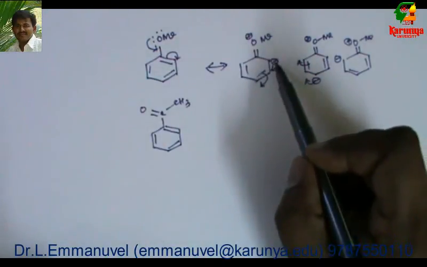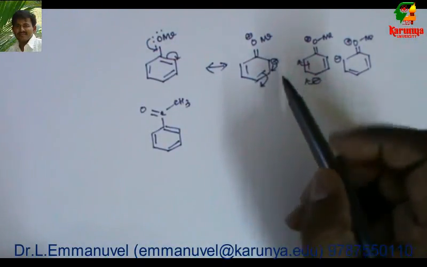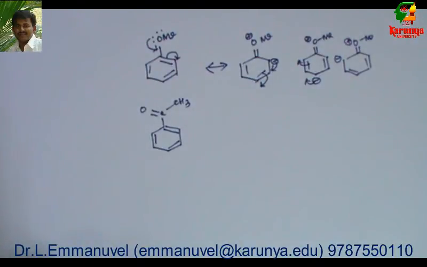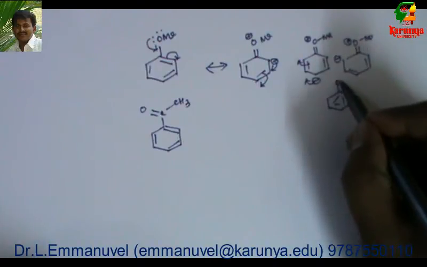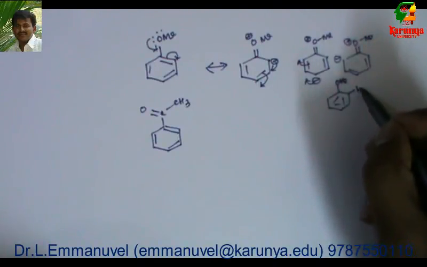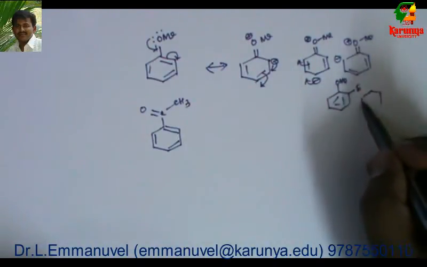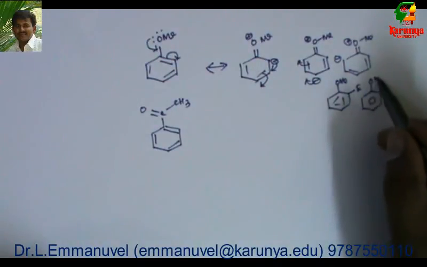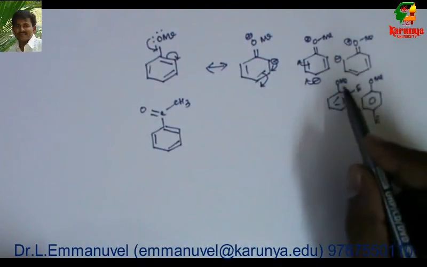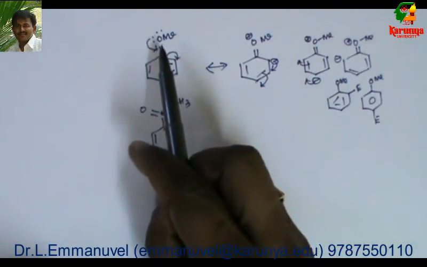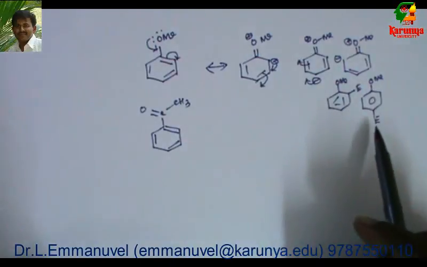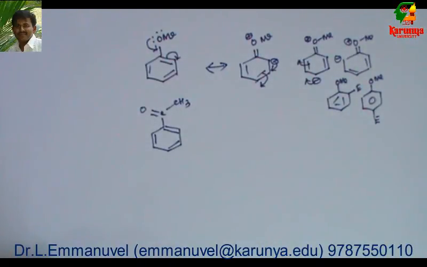So now this can attack the electrophile and we will get the corresponding product. The product we get will be like this. So we get the ortho product and the para product. That's why we call this OMe group ortho and para directing. The reason is the electron density on that position is very high because of resonance.